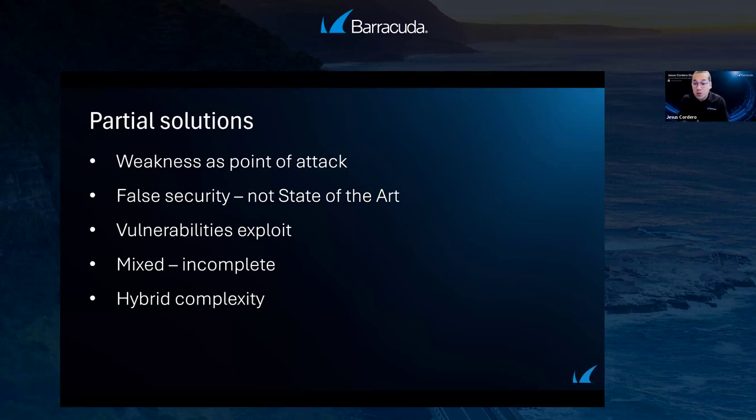How do we know that those vulnerabilities are not going to be exploited? And how can I remediate all these things if the entire solution I am putting in place is mixed and incomplete? It is going to create more complexity than if I have one solid, robust solution in place.